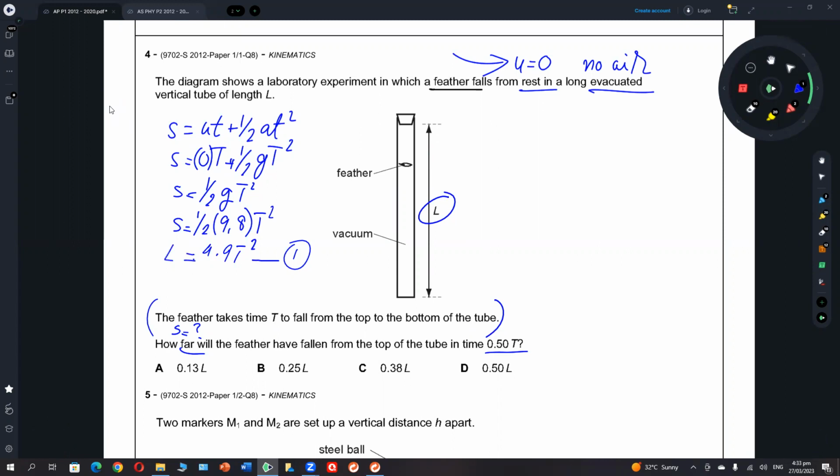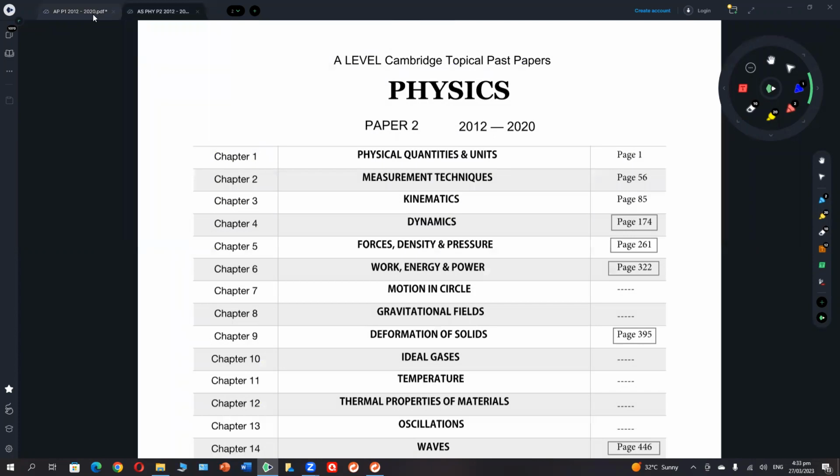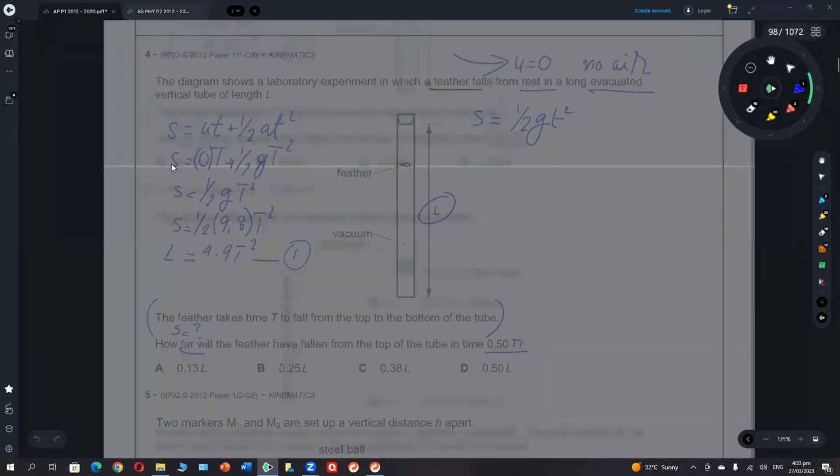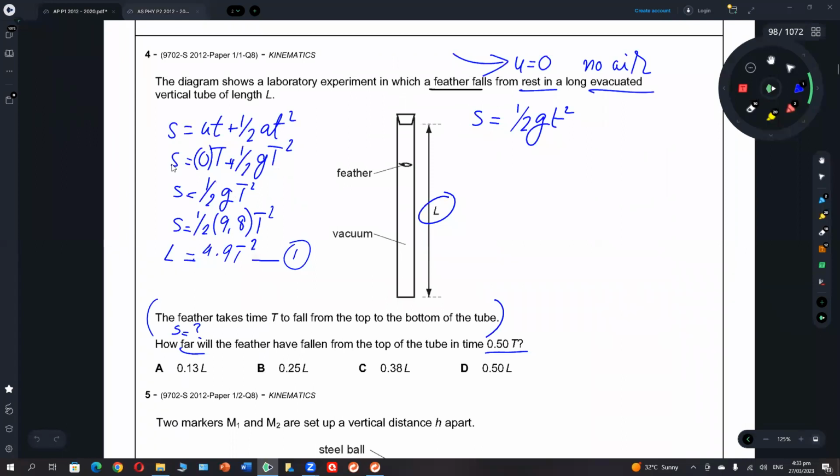Now make the same equation again. Fallen from the top of the tube in time 0.50 t. Because it was half at square, I have used the 2 now. I have divided 9.8 by 2. That's why I'm getting 4.9.